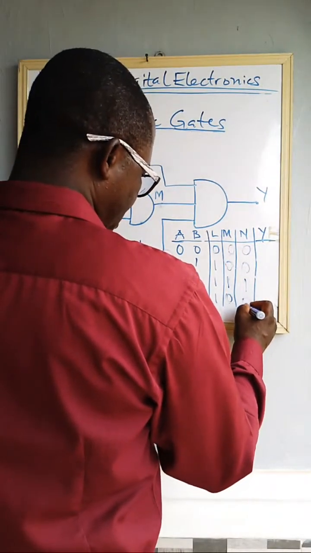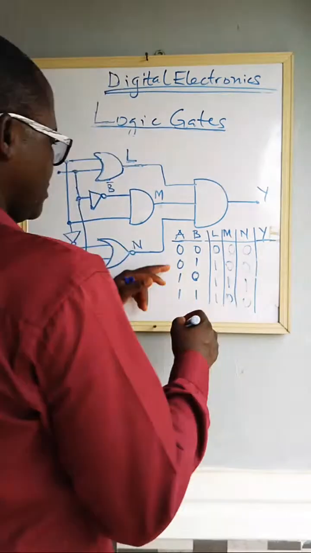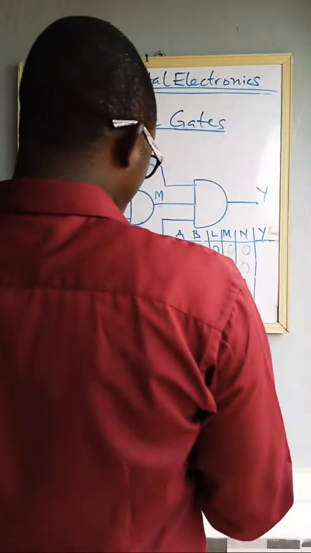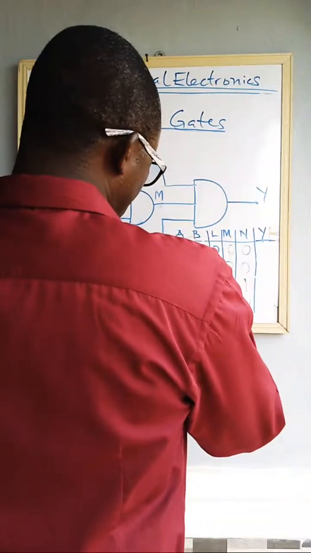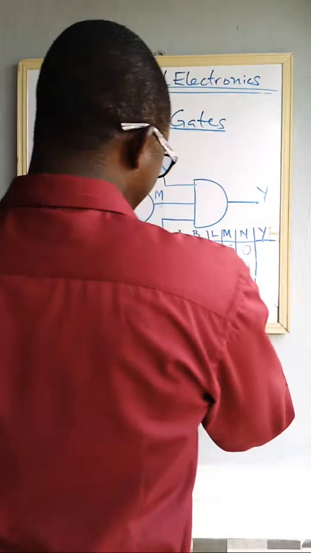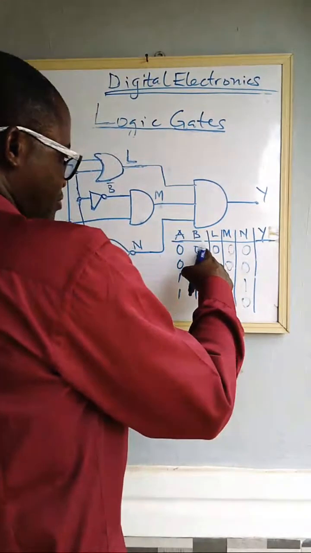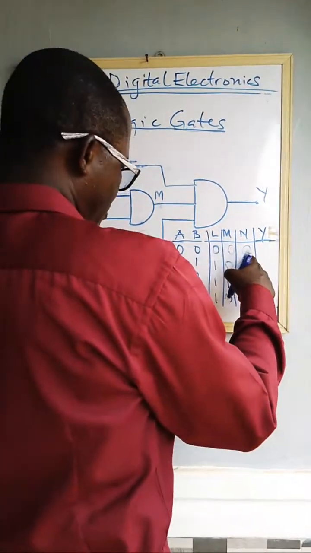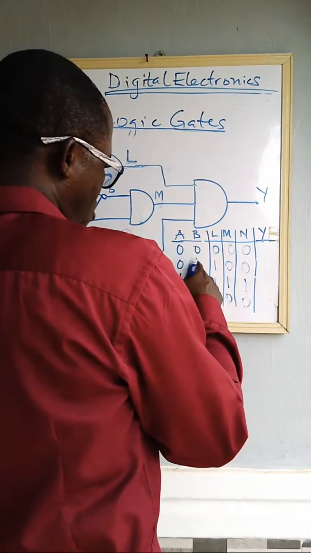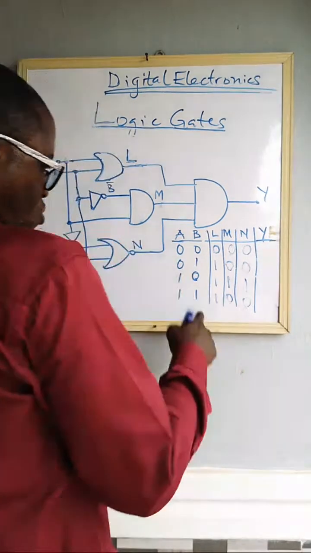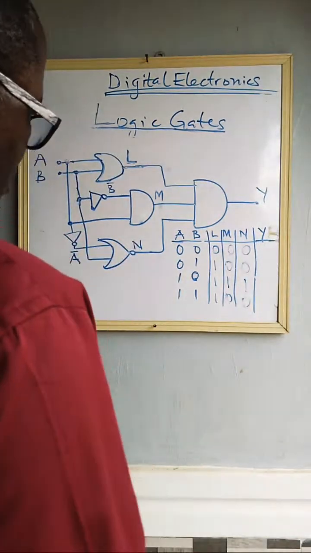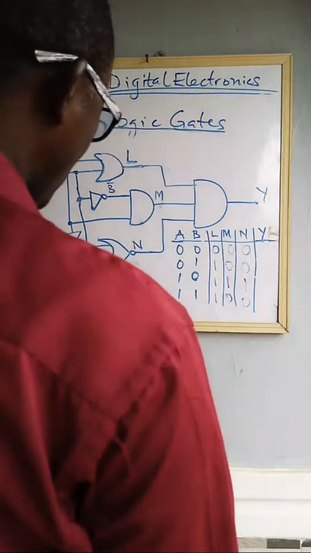So let's go over it again to be sure that there's no mistake. Inversion of 0 is 1. 1 NOR 0 is going to give us a 0. 1 NOR 1, what does it give?